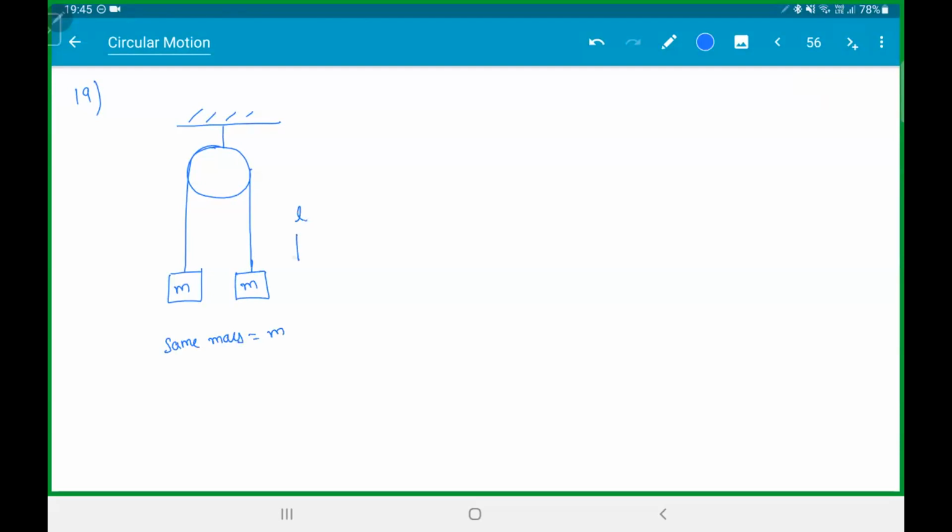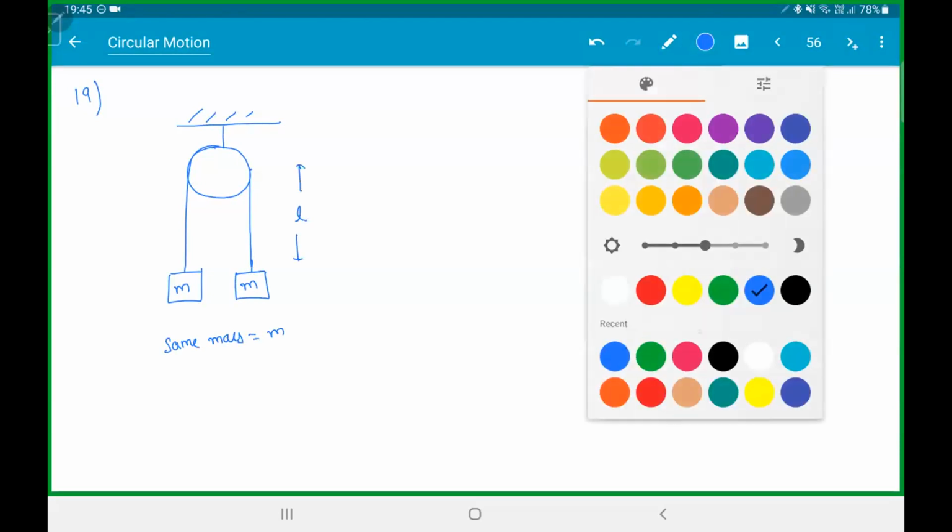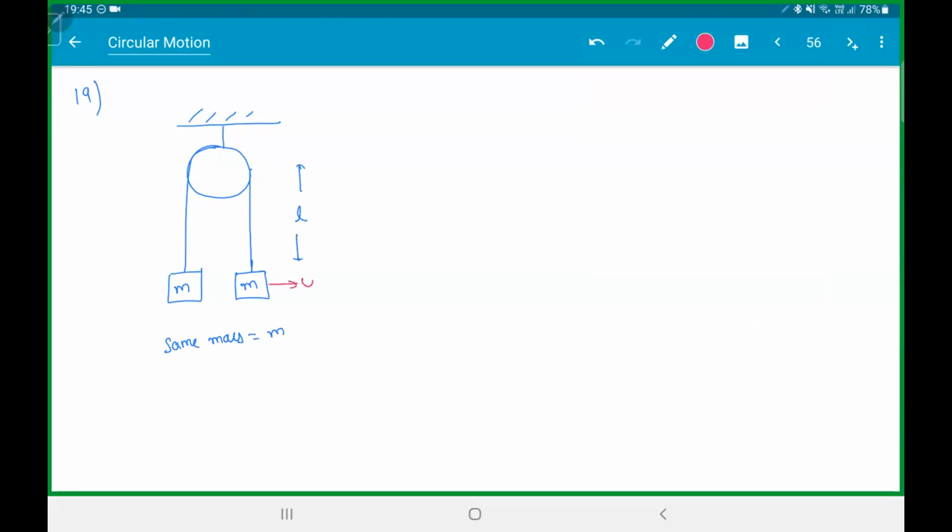This length is L. One block is given horizontal speed u. Find the acceleration of the blocks at this instant. We can't find it after some time, but at this instant we can find the acceleration.